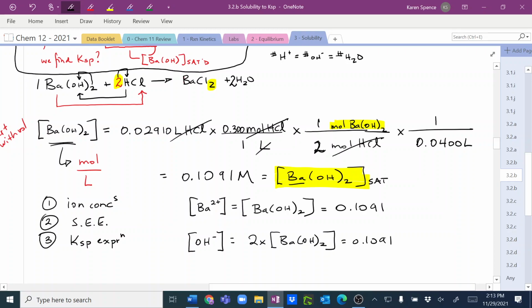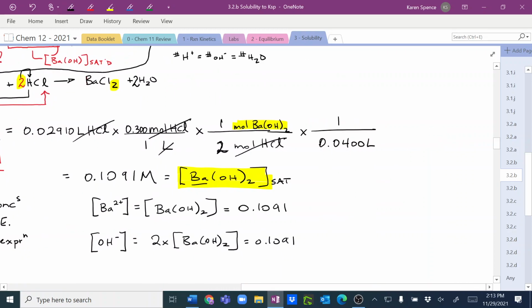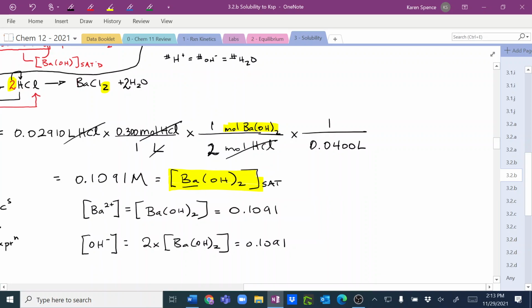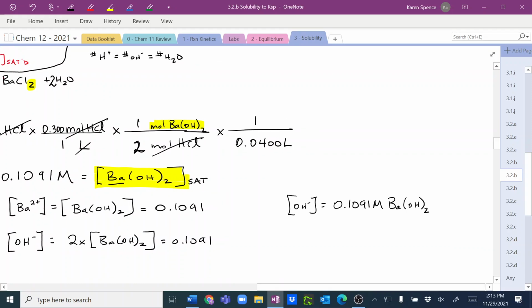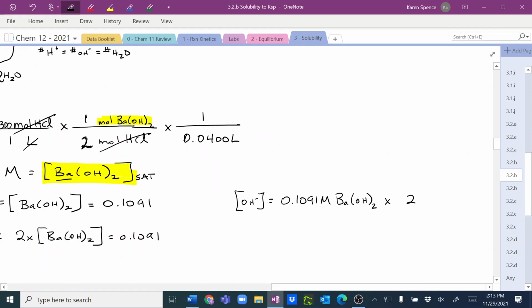If you prefer, like if this causes you discomfort and you're like, I don't know why that's 2 times, there are other ways of showing the work. You can say, okay, concentration of hydroxide is equal to 0.1091 molar barium hydroxide times 2 moles of hydroxide for every 1 mole of barium hydroxide.